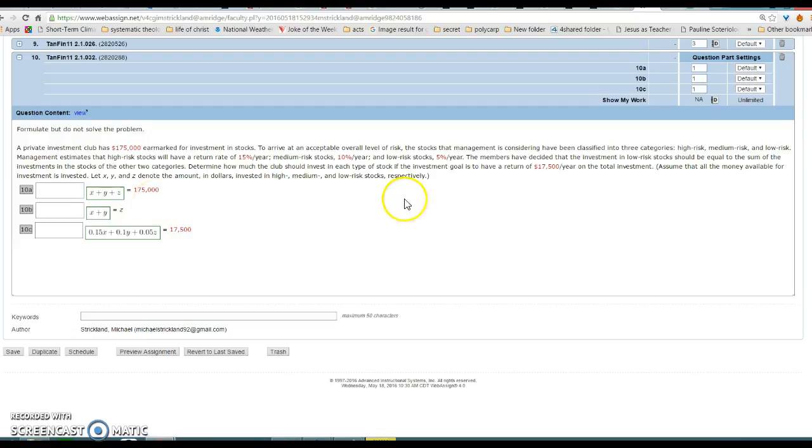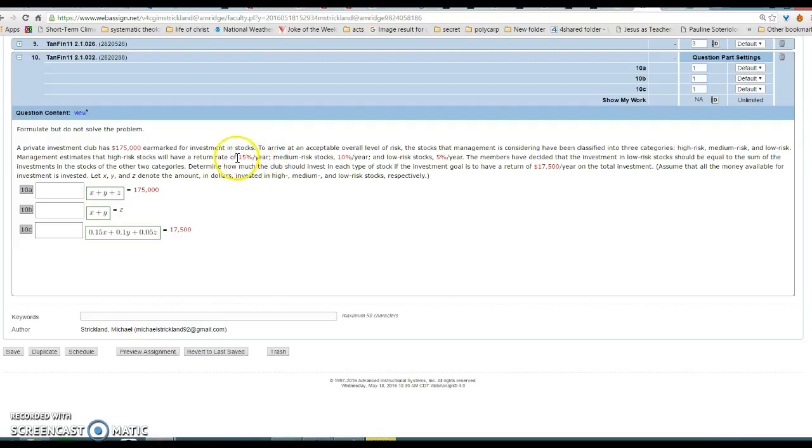Then it says they want you to get a return on your investment of $17,500 per year. So what that means is, when we've added the returns of all 3 kinds of investments, high, medium, and low risk, we want that to equal 17.5. So they say for the high risk, we assume 15% a year.